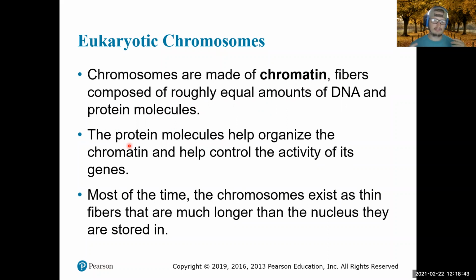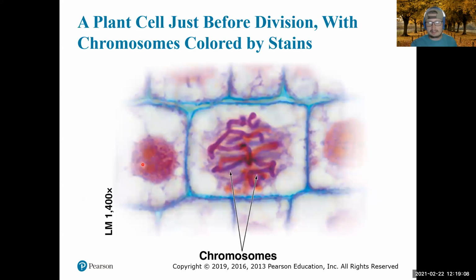on those chromatin fibers. A lot of the time, the chromosomes are going to be these really thin fibers that are just floating around in the nucleus, and they're not condensed into the structures that they are in mitosis, where you can actually see them with a light microscope, which is this instance here.